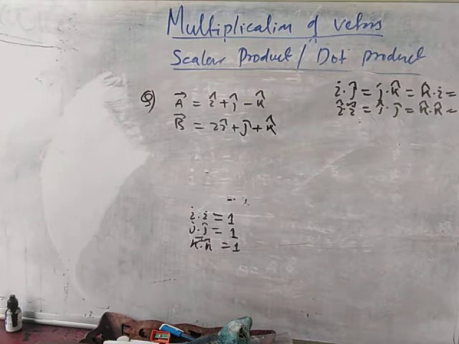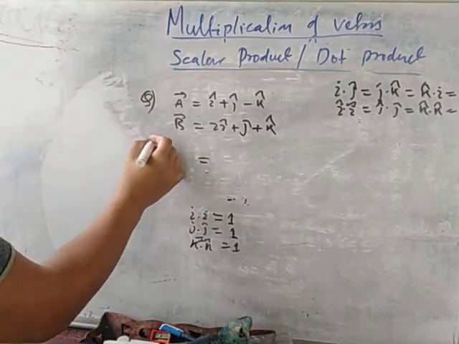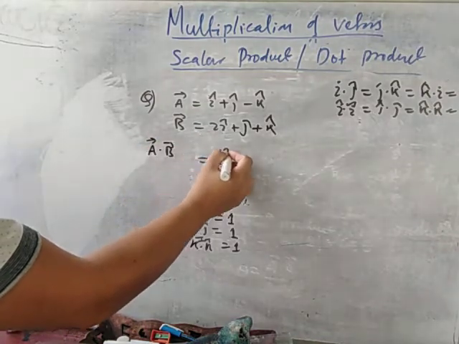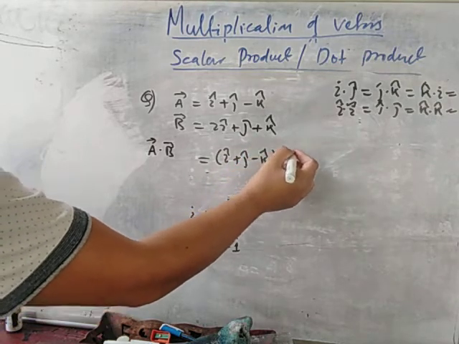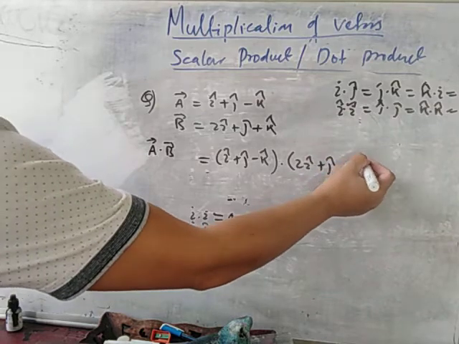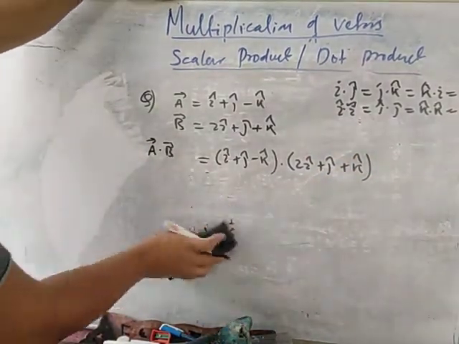So how to do this one? You just write down A dot B equals how much? Write down i plus j minus k cap dot 2i cap plus j cap plus k cap. Okay, so one by one you multiply this.